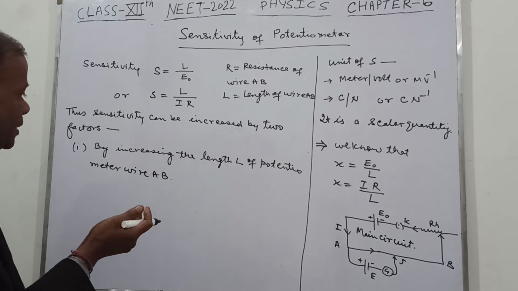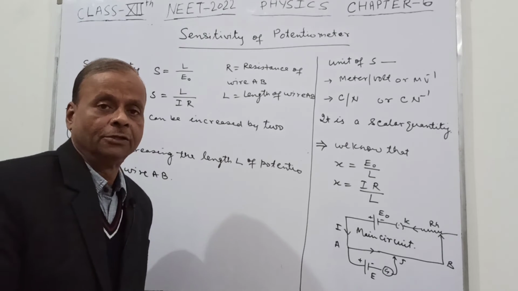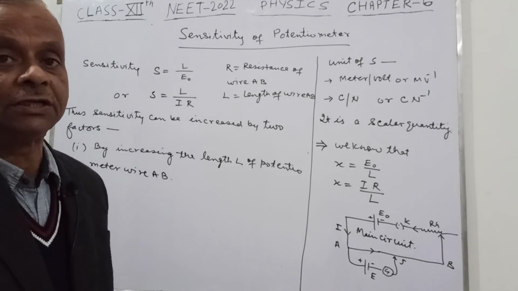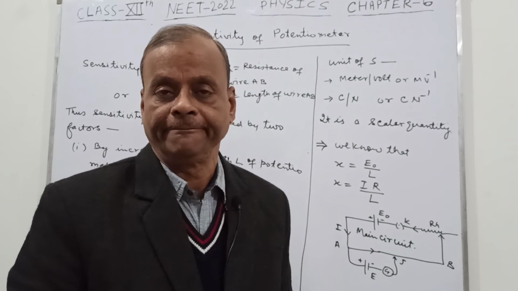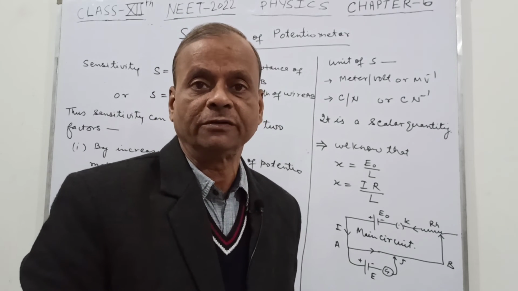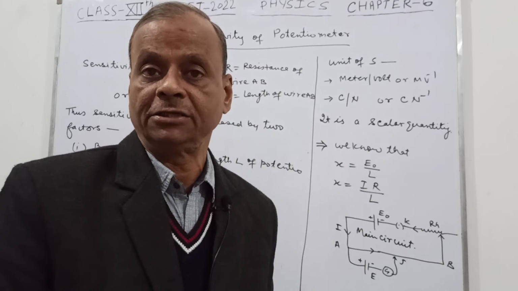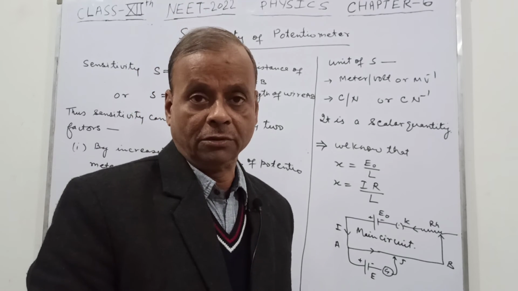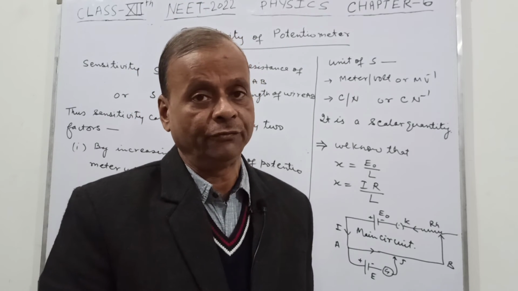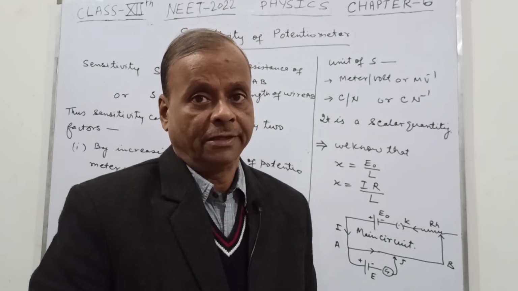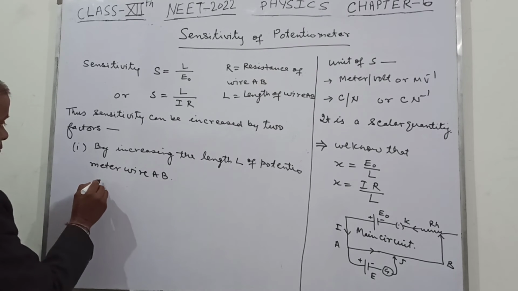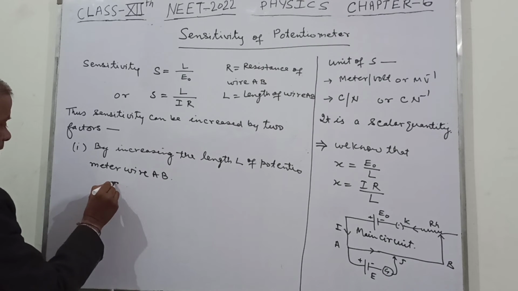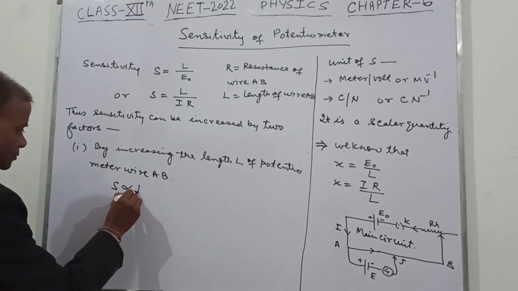Larger the length, larger the sensitivity. So this is why we take a 10 meter long potentiometer wire. You can take more than this one, but that will be very hard to handle while we are doing the experiment. So S proportional to L.